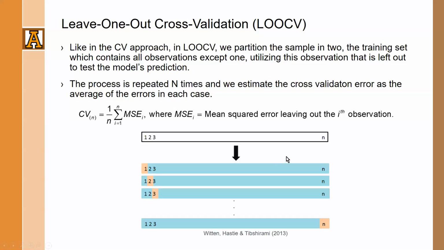Okay, and this picture illustrates that. So I take here observations 2 through n to train the model and calculate the prediction error in 1. Then I take 1, 3, and the rest and predict number 2 and get the prediction error for 2. And 1, 2, 4, and on, get the prediction error for 3, and so on.